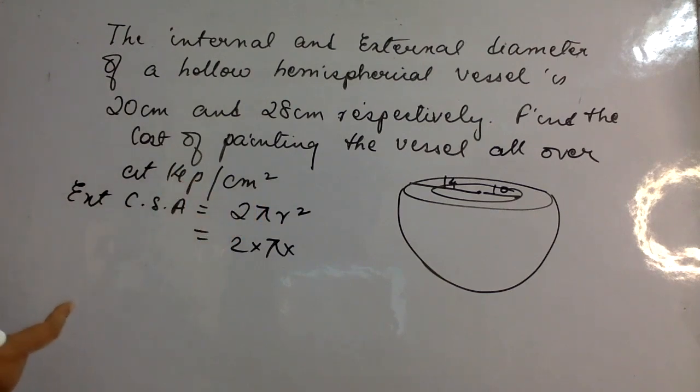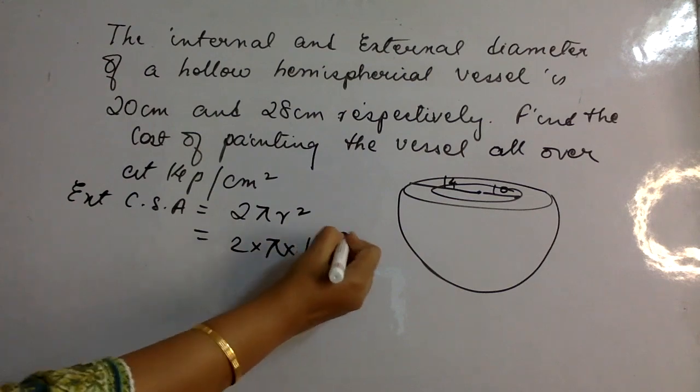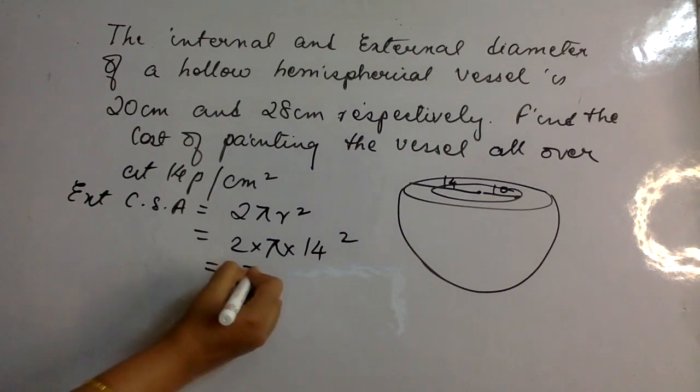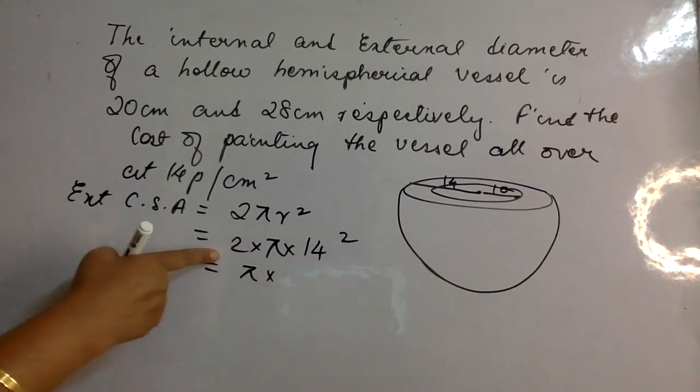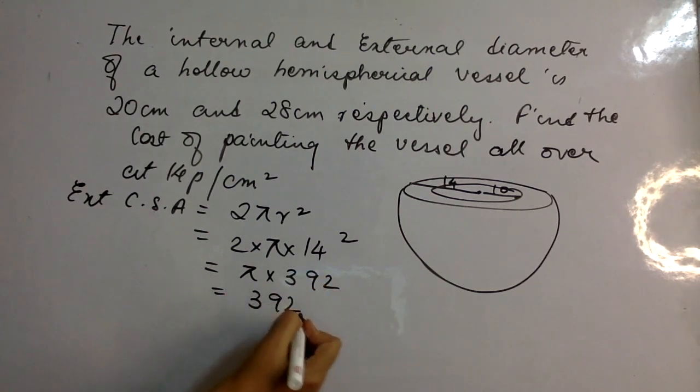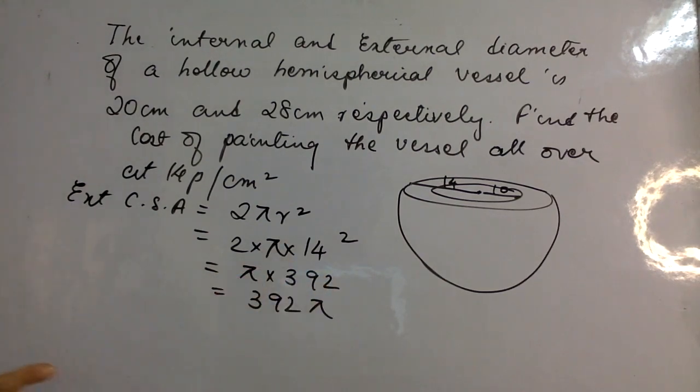R is how much? R is 14, because external radius is 14. So we'll just leave it as pi into 196 into 2. 196 into 2 is 392. So 392 pi, we'll just leave it like this over here. That many centimeters squared.